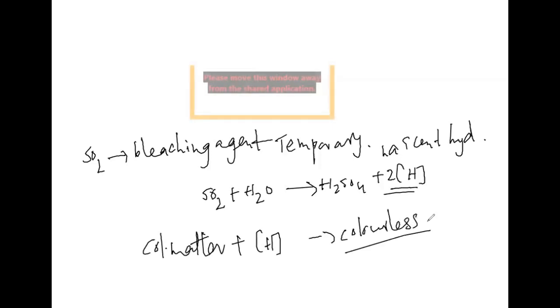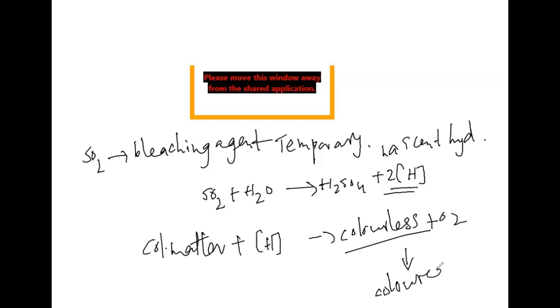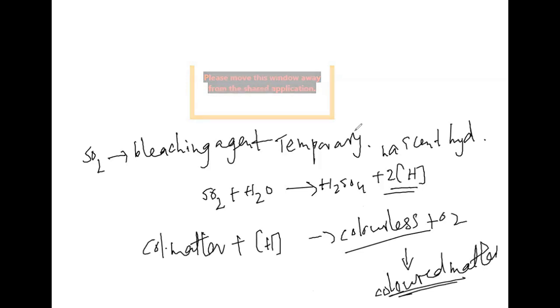This colorless matter, when it becomes oxidized in the presence of atmospheric air, becomes colored matter again. That is why it is a temporary bleaching agent. In our complete syllabus, only this one shows temporary bleaching action. Is it clear to everyone? This is also an expected question for the final NEET exam.